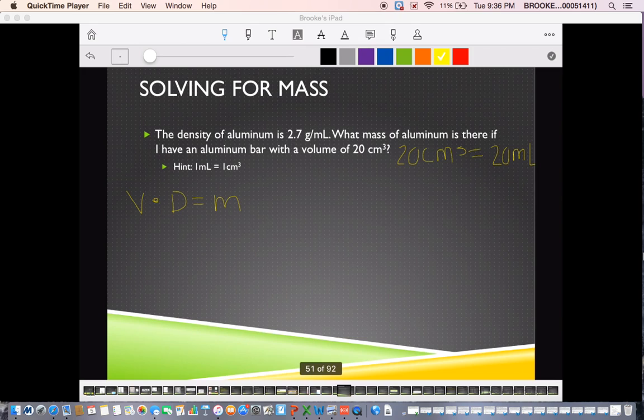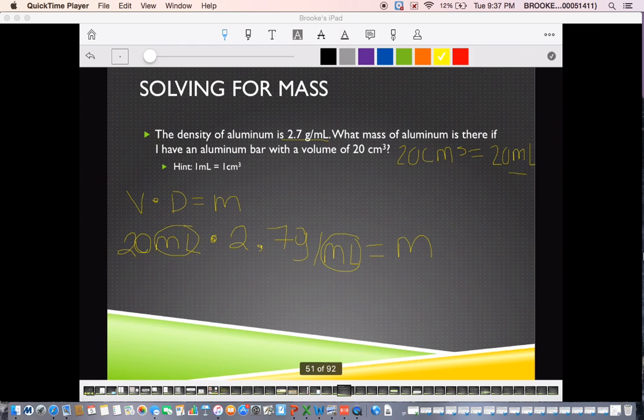So our volume, we decided to say 20 milliliters because 1 milliliter is equal to 1 centimeter cubed. And our density up here is 2.7 grams per milliliter. And that's going to be equal to our mass. Now if we look at our units, you can see that this milliliter is in a denominator and this milliliter is not.